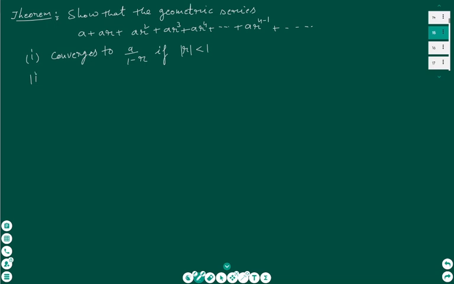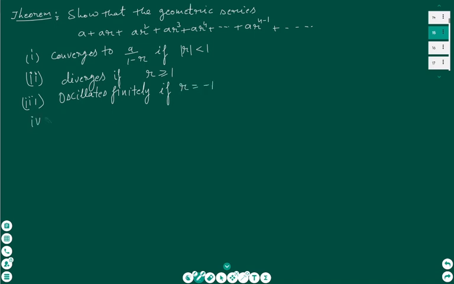Number 2, we have to show that this series diverges if r is greater than or equal to 1. And number 3, we have to show that this series oscillates finitely if r is equal to minus 1.